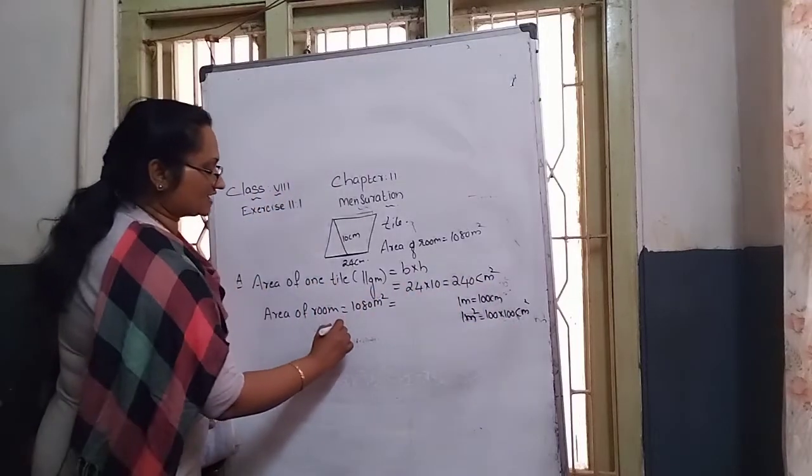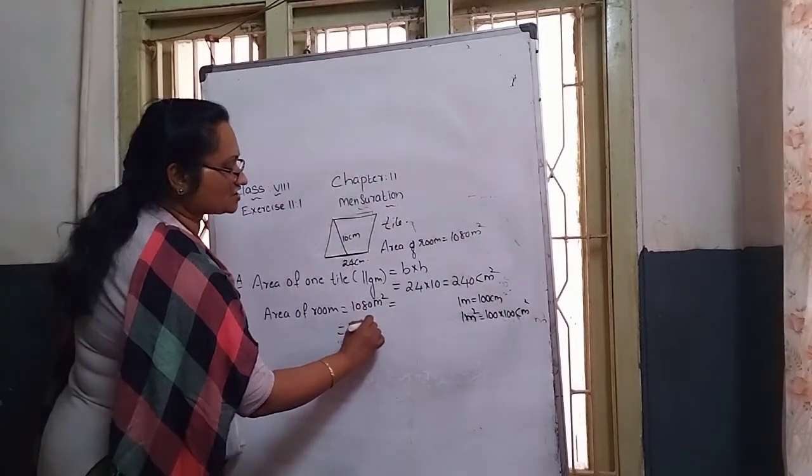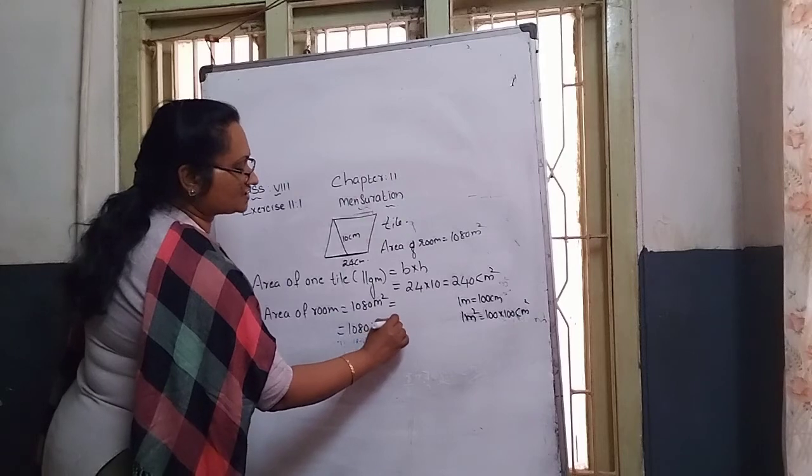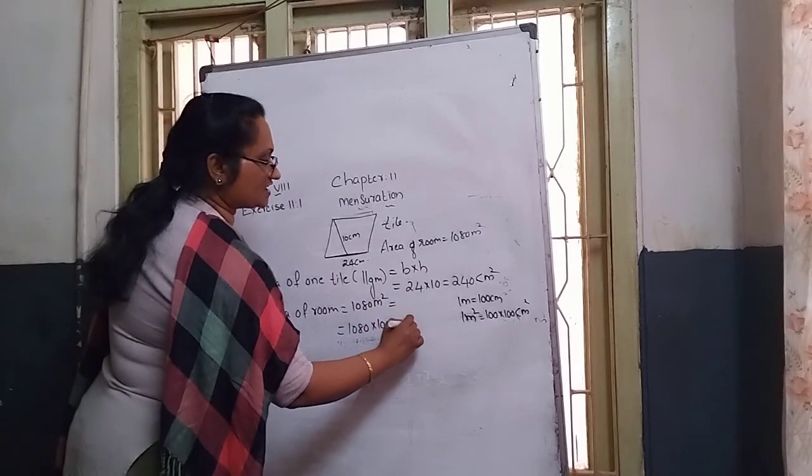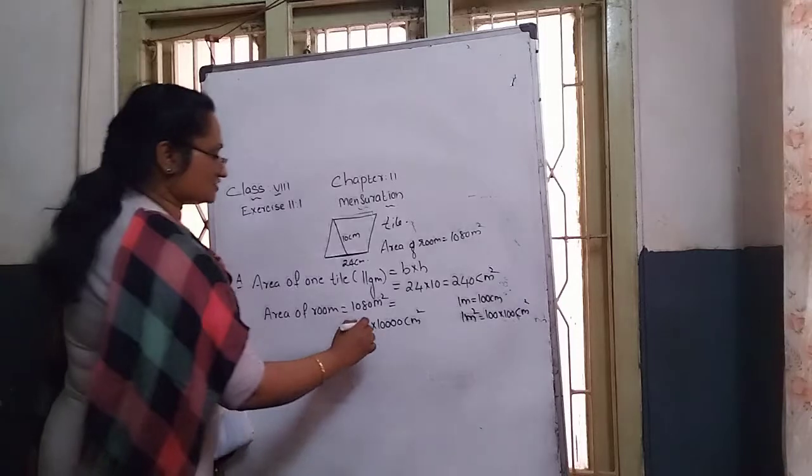To convert meter square to centimeter square, multiply with 10,000.